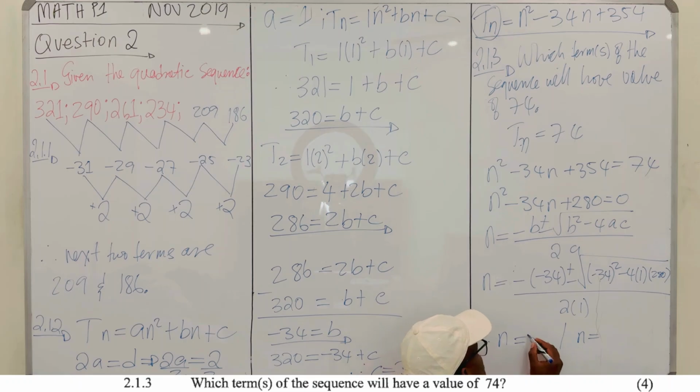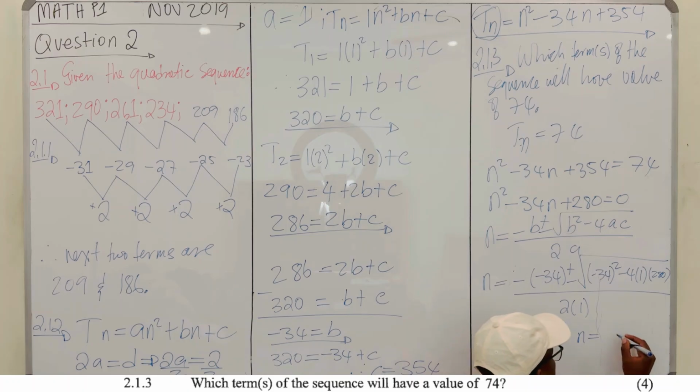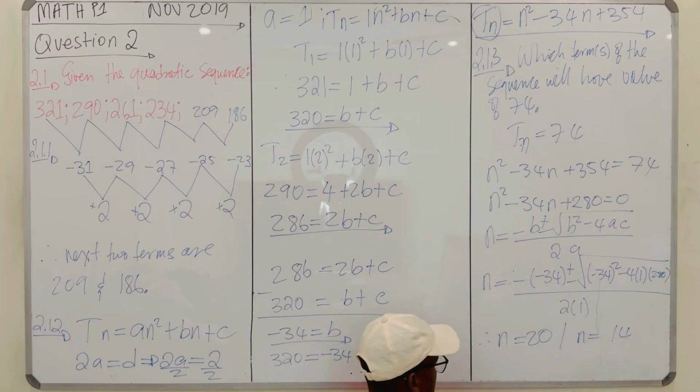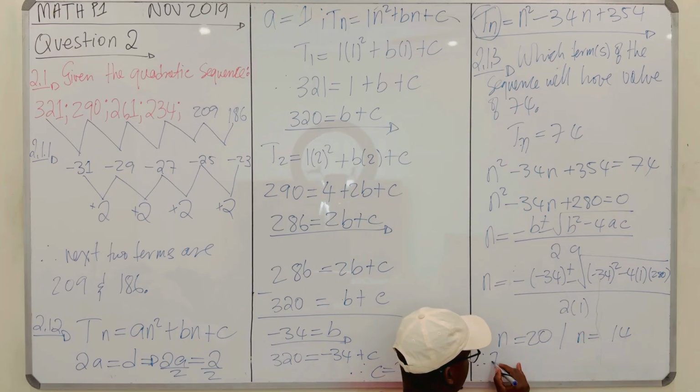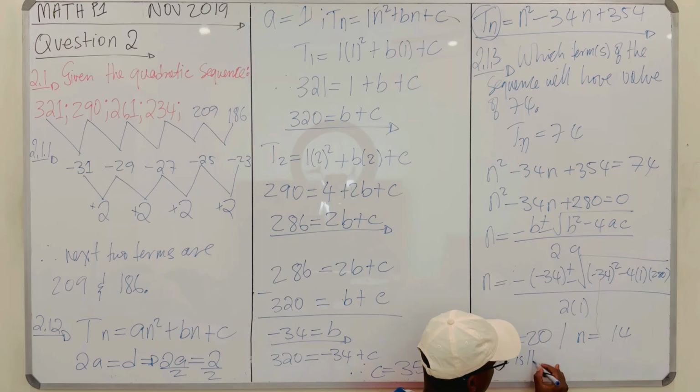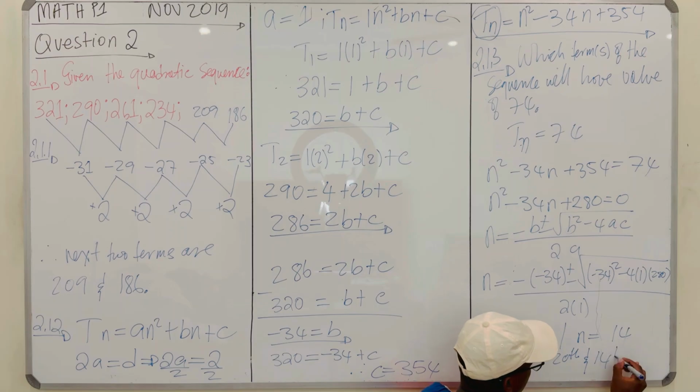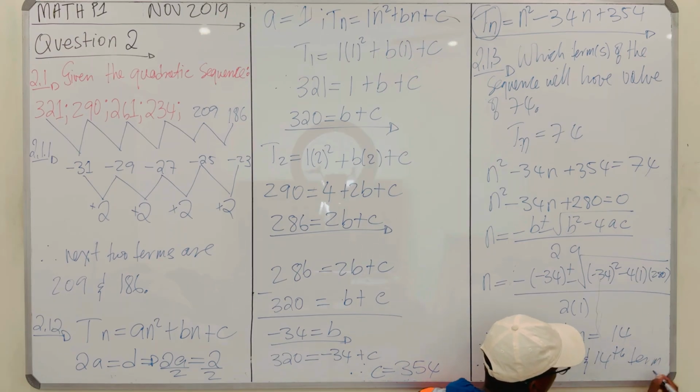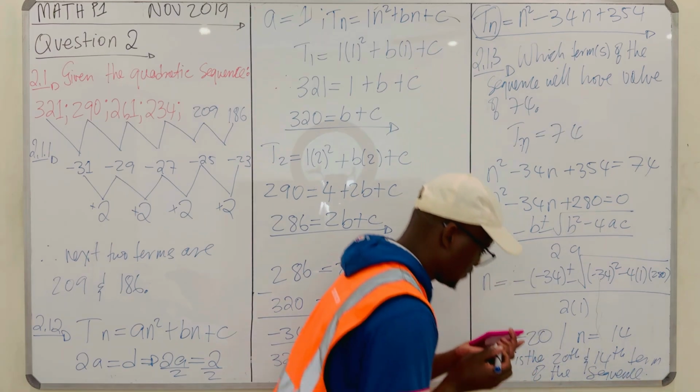Okay, so your n is 20, or your n is equal to 14. Therefore, 74 is the 20th and 14th term of the sequence. Done.